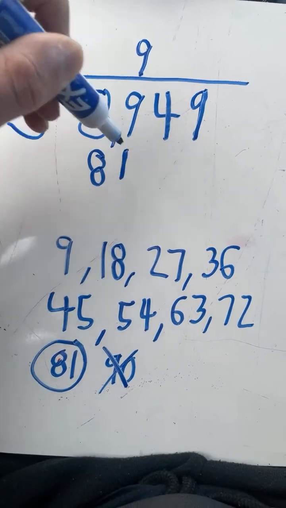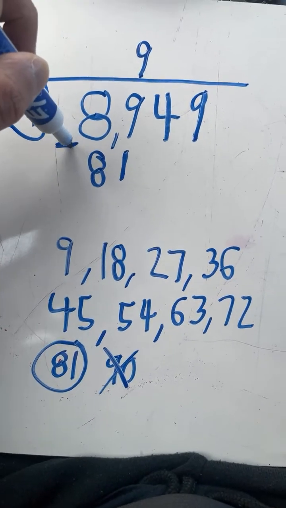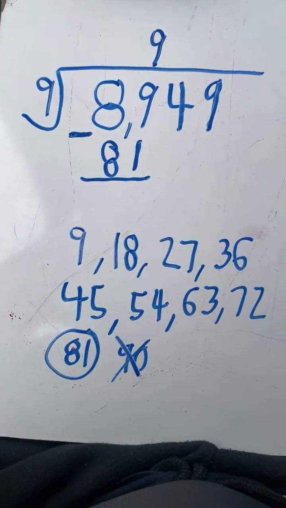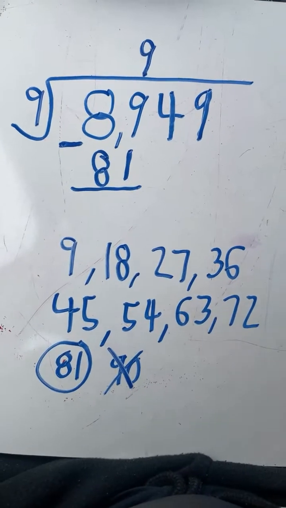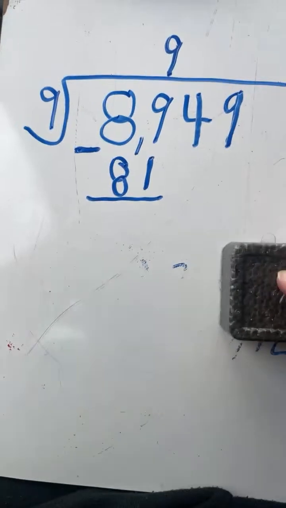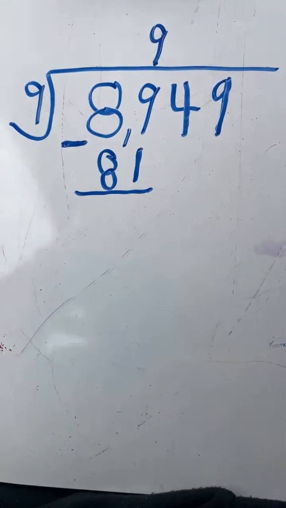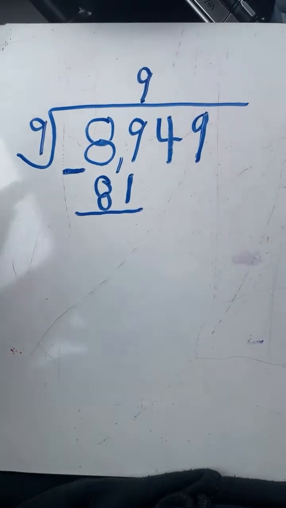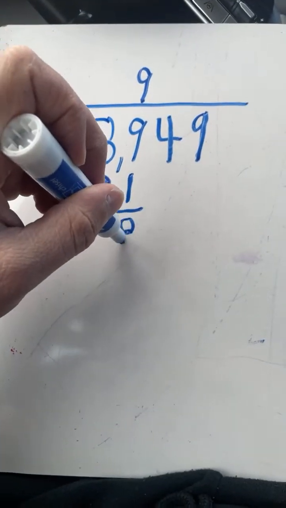We always subtract the very last number that we skip counted without passing the number. So we're going to do 89 minus 81 to find our remainder. So 89 minus 81 equals 8.